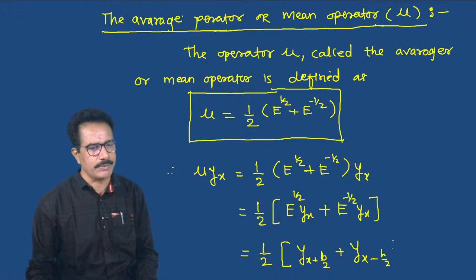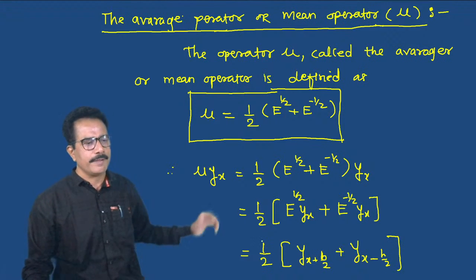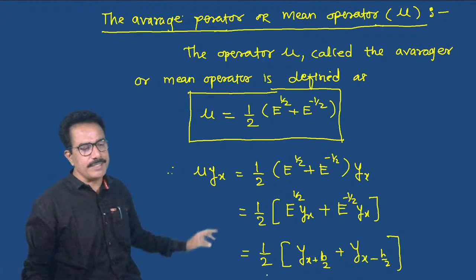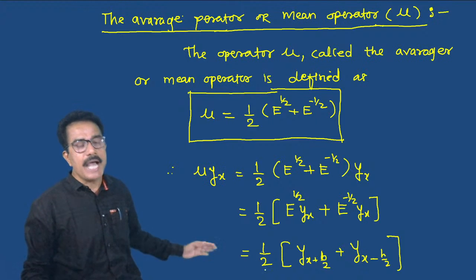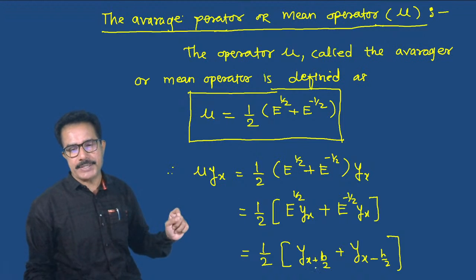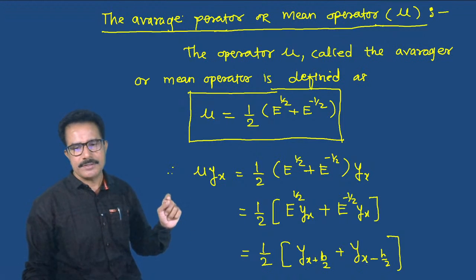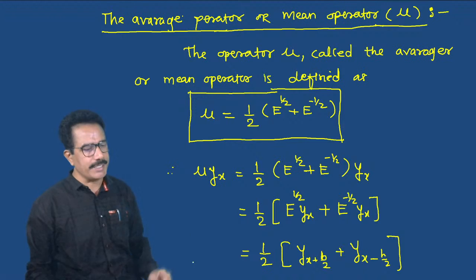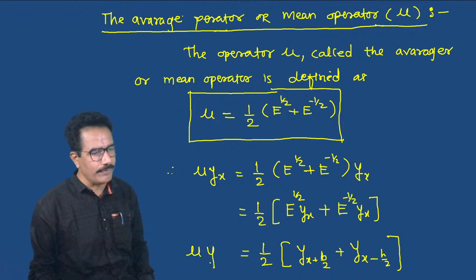So mu of yx means half of y of x plus h by 2 plus y of x minus h by 2. This is the mu of yx.